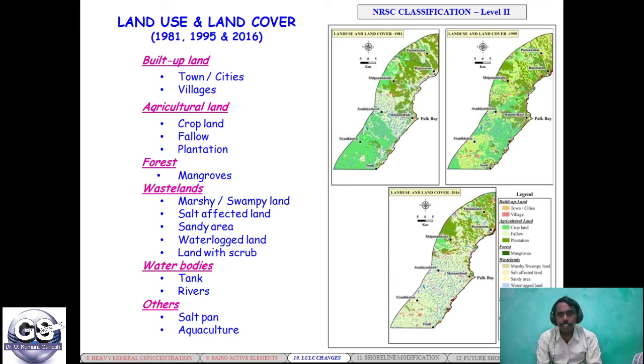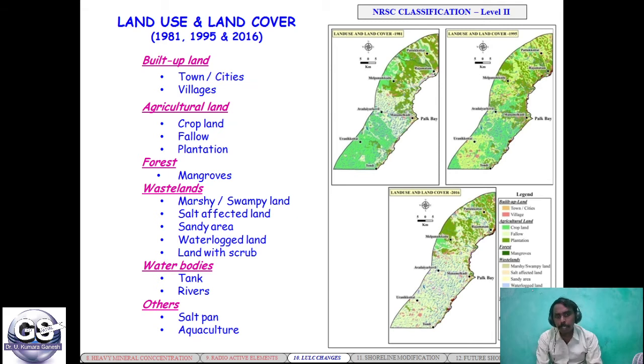On this basis, the maps are prepared using the three seasonal data. The different land use land cover features are built-up lands, agricultural land, forest, wasteland, water bodies, and other features.